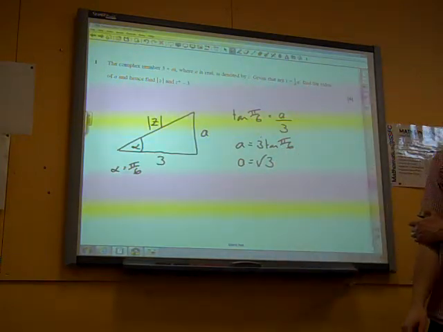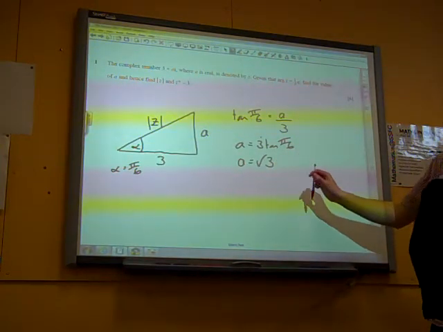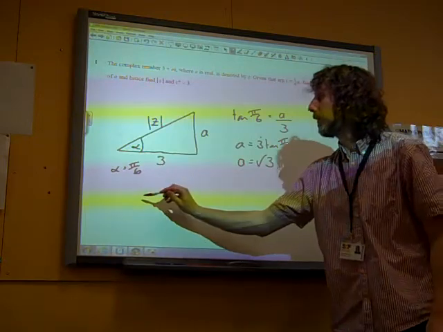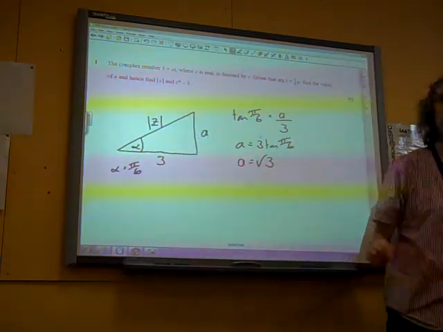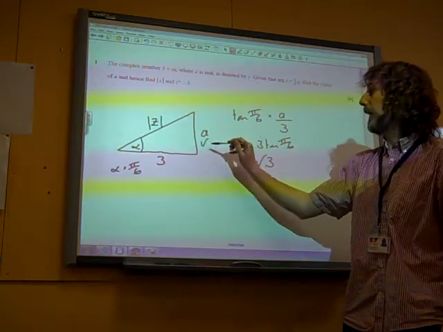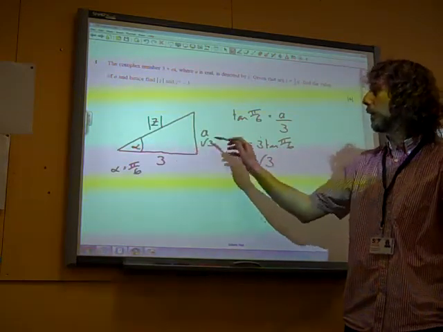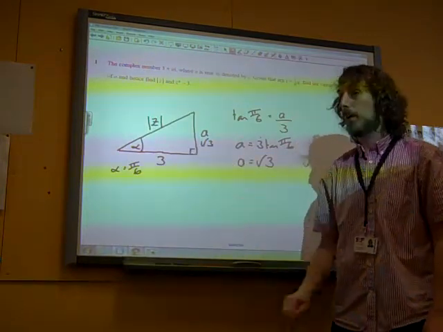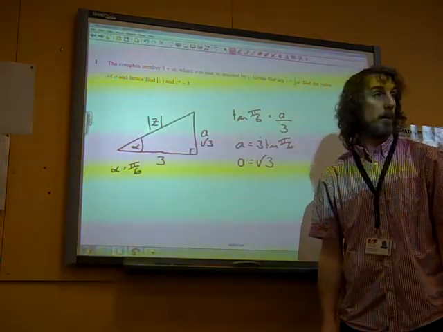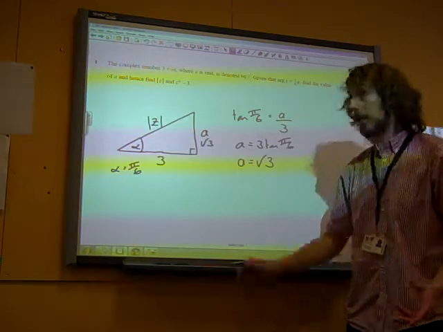So what we've now got is that z is, well actually we could do this in a couple of ways, couldn't we? We now know a is root 3, so z is 3 plus root 3i. And back to our triangle, we could work out the modulus just by using our triangle.